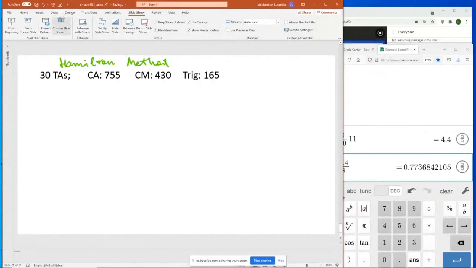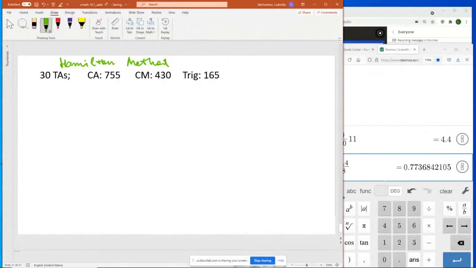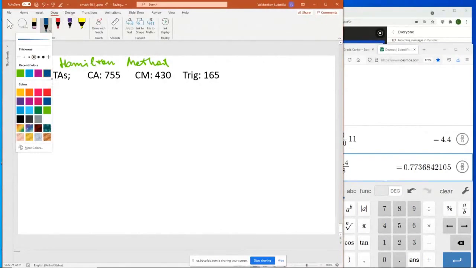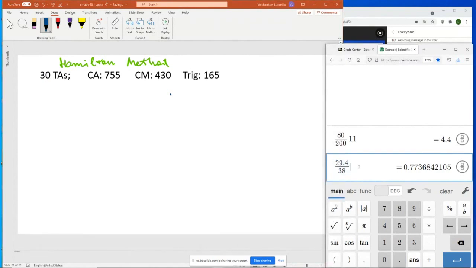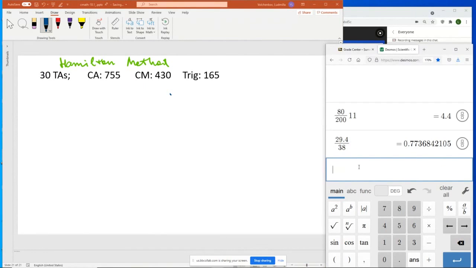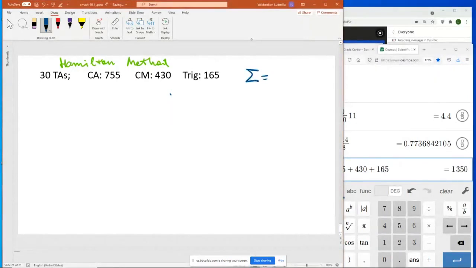Recall, in the Hamilton method, we first find the sum: 755 plus 430 plus 165. The total population is 1350.